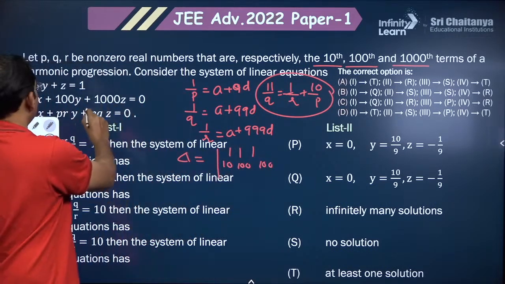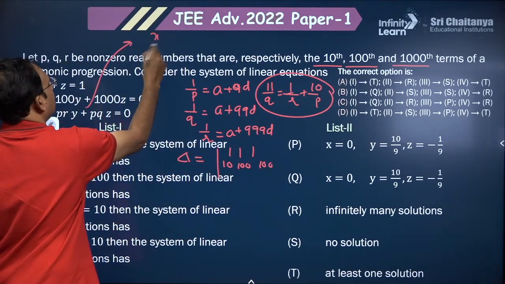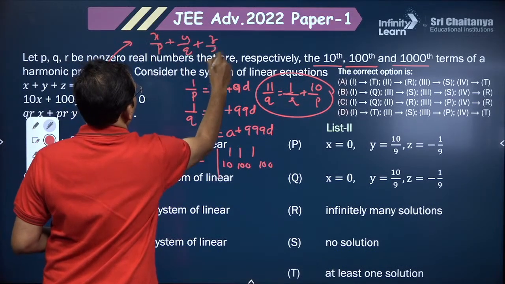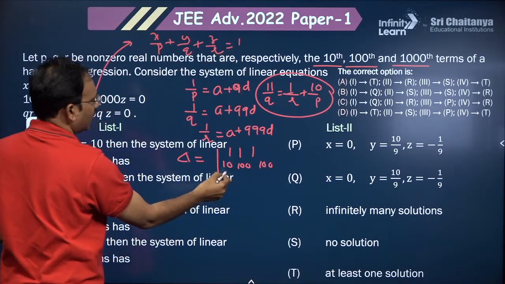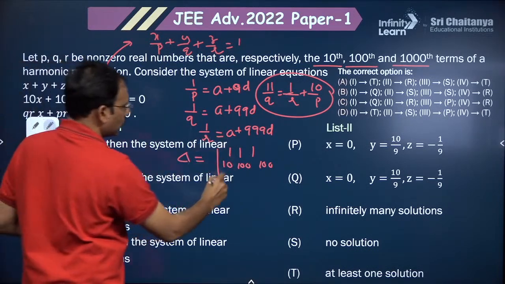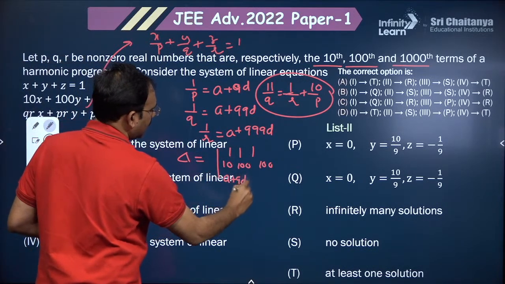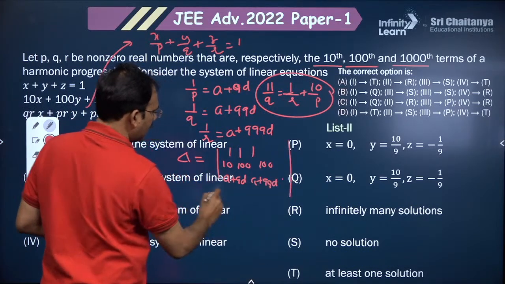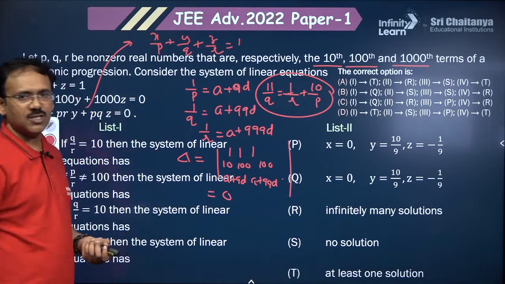You can write the third equation like x by p plus y by q plus z by r equal to 1. You can write 1 by p, 1 by q, 1 by r, so a plus 9d, a plus 99d and a plus 999d. You can observe that delta is going to be 0.